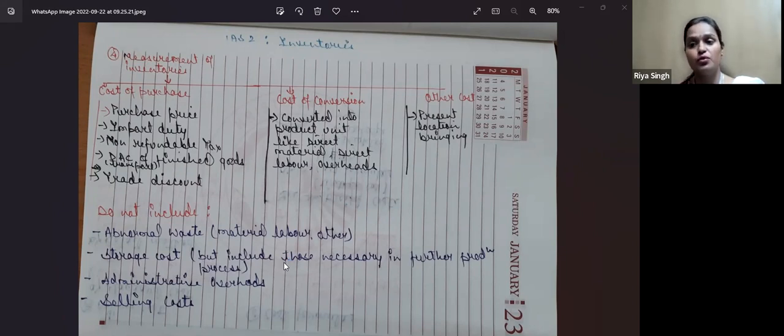The cost of the same you are not going to include in your cost of inventories. Then administrative overheads, if any, you are not going to take, and the selling cost. So these things you will not take into account while calculating the cost of inventories. So this is all about the introduction of inventories accounting according to Indian Accounting Standard 2. Thank you, guys.